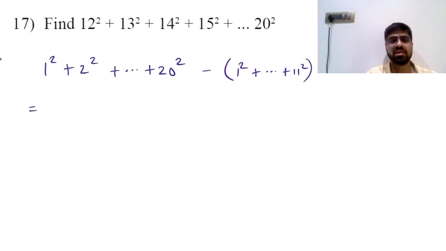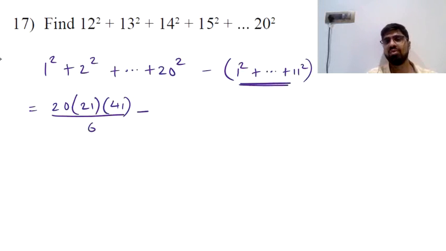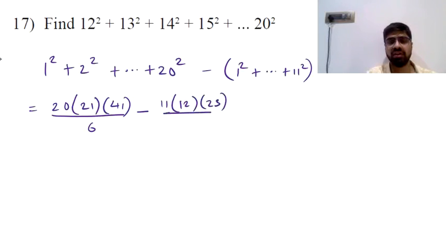So we can write it as summation of squares from 1 to 20, and that is 20 into 21 into 2n plus 1, that will be 41, divided by 6, minus, this is sum of squares of the first 11 numbers, so that will be 11 into 12 into 23 divided by 6. So if you see, 2 cancels of 20 and 3 cancels of 21. So this will be 10 into 7 into 41.